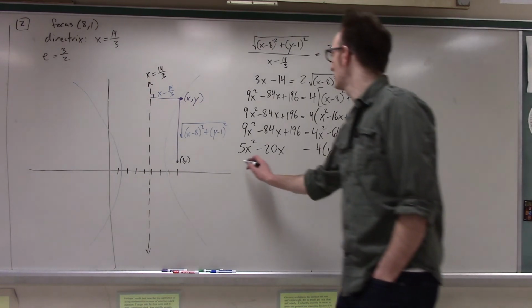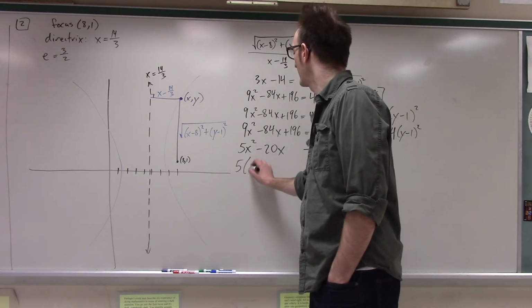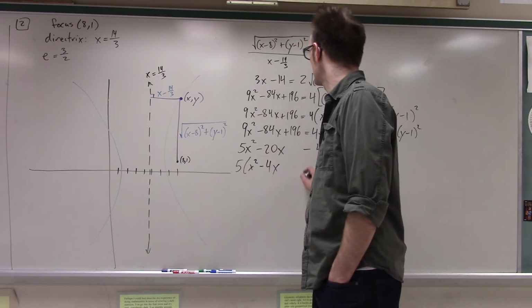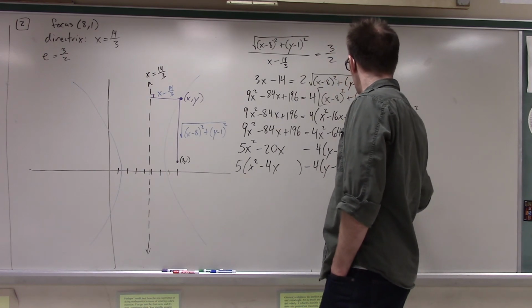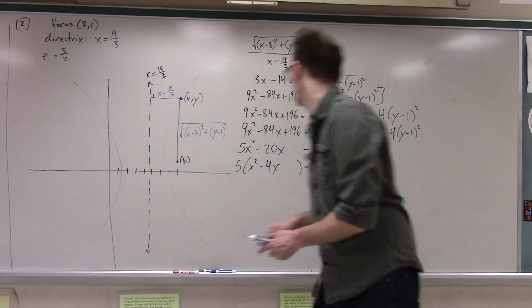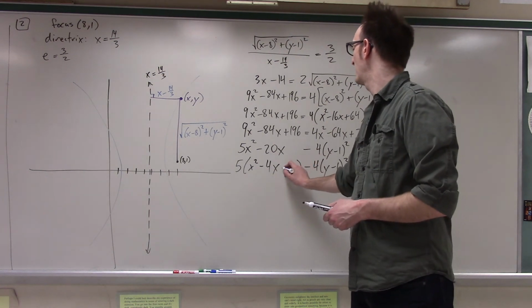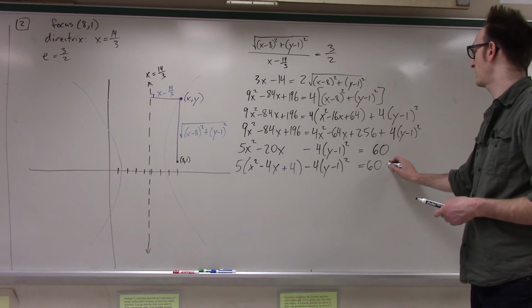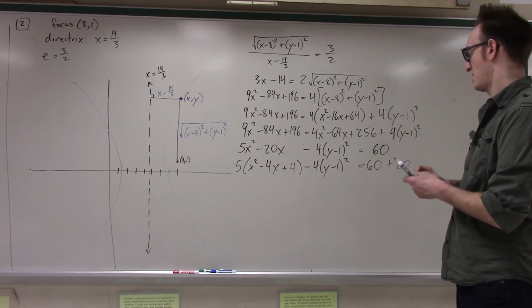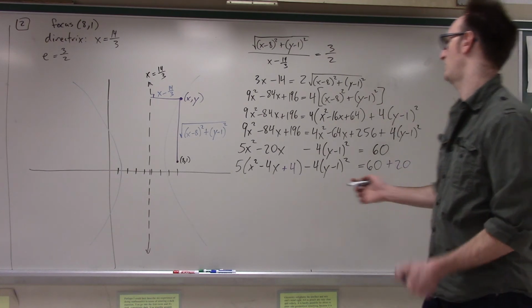Okay, so then this is 5x squared minus 4x minus 4(y minus 1) squared equals 60. And here I need a 4. So I really just added 20, so I add 20 over here too. And I think this all worked out.